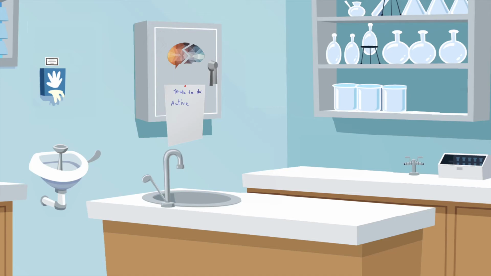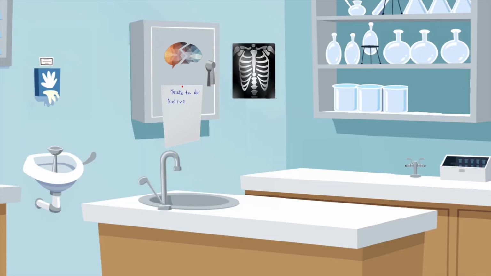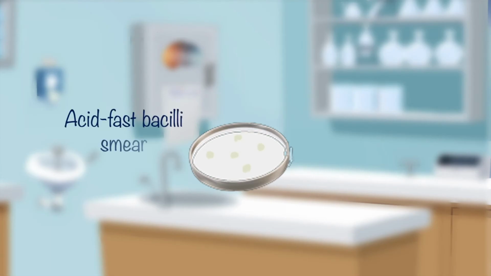The first line investigation is a chest X-ray, which almost always presents abnormally. There's fibronodular opacities in the upper lobes with or without cavitation. Secondly, an acid-fast bacilli smear needs to be performed. The result of this would be positive in TB.